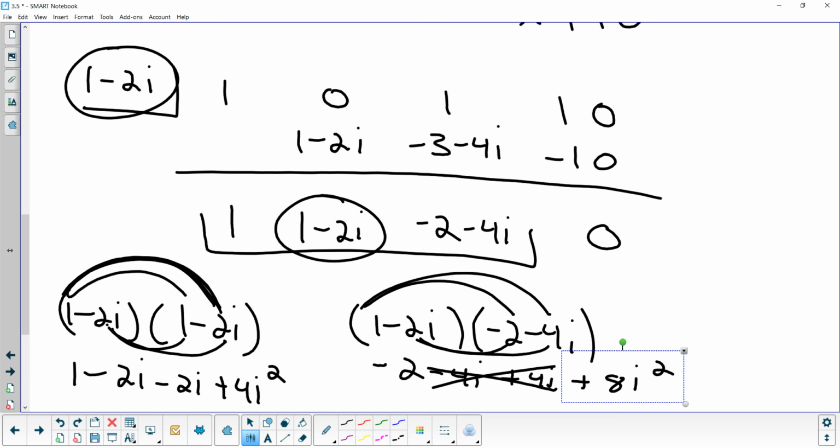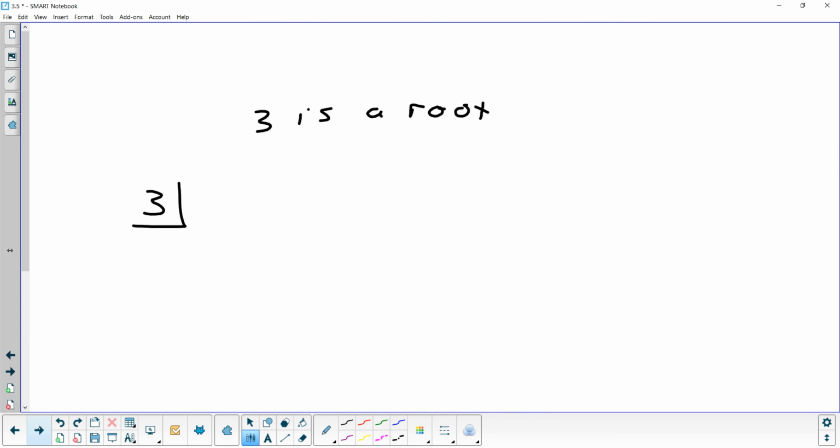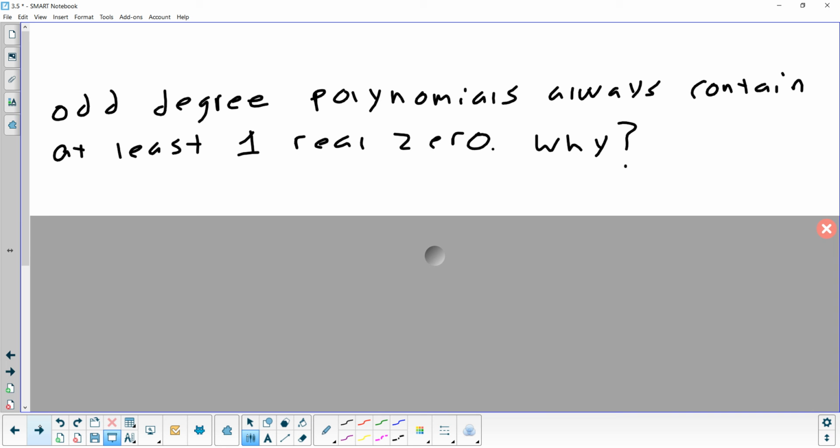We would never really do anything further with this kind of problem, because when we have quotients with imaginary numbers for coefficients, that gets weird. So all you'd have to do is what we did right there. That's it. All right, so that was that. Let's try the next one.